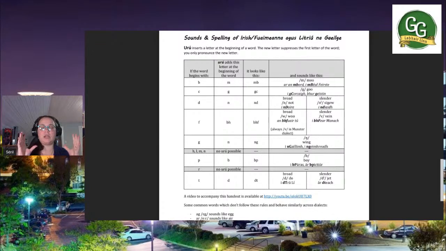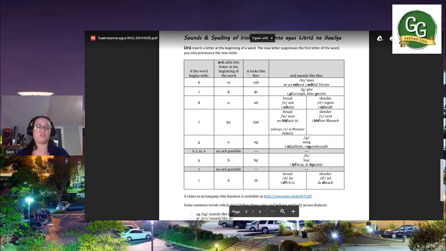But it happens in certain cases with certain prepositions, especially. So you'll eclipse that first consonant in that word with another consonant. And they always get the same one. It's not going to change.